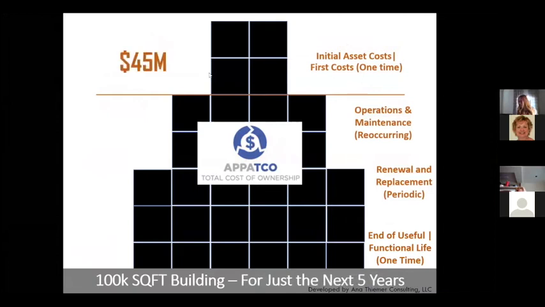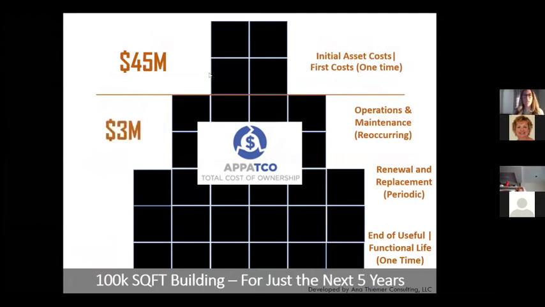So we're spending 45 million on this building initially. So for the next 5 years, what do I need for operations and maintenance added to my current budget? What do I need in terms of renewal and replacement for this building?